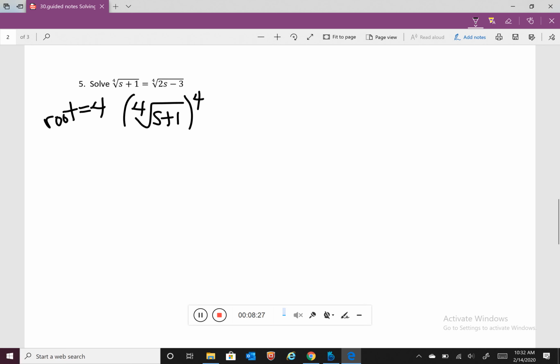So we have the 4th root of s plus 1 raised to the 4th power is equal to the 4th root of 2s minus 3, also being raised to the 4th power. And so the 4th root will simplify with the 4th power, leaving us with s plus 1 equals 2s minus 3. And we need to solve this equation.